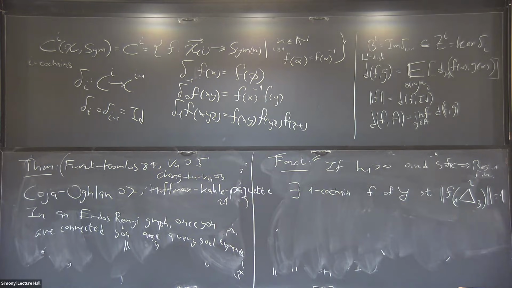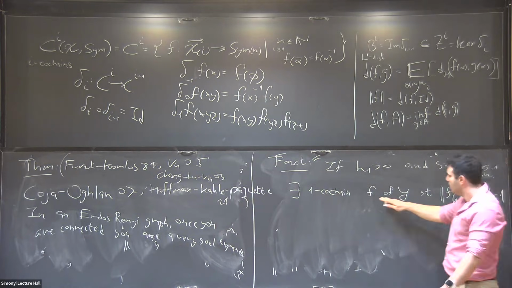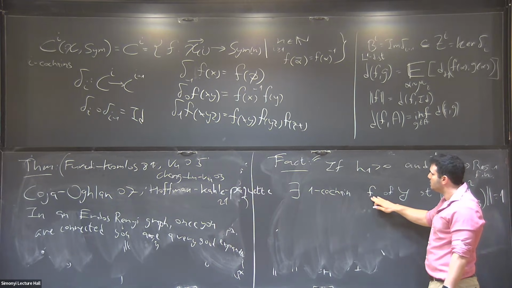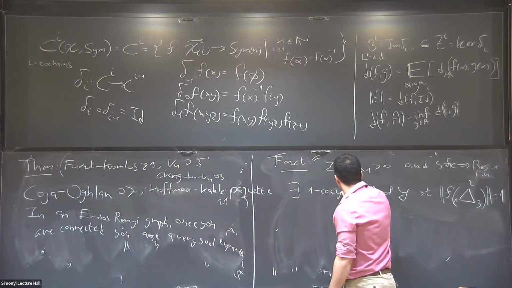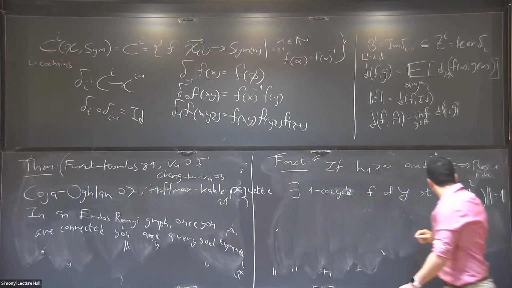Great. The whole point is that f is not the one, sorry, one cocycle. The word cocycle is important. One cocycle of Y such that this happens.